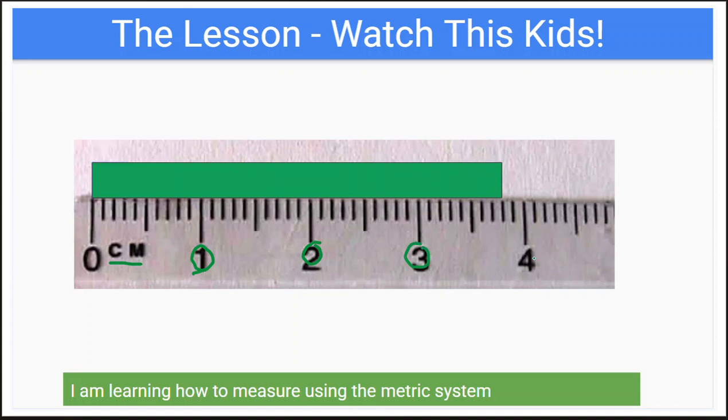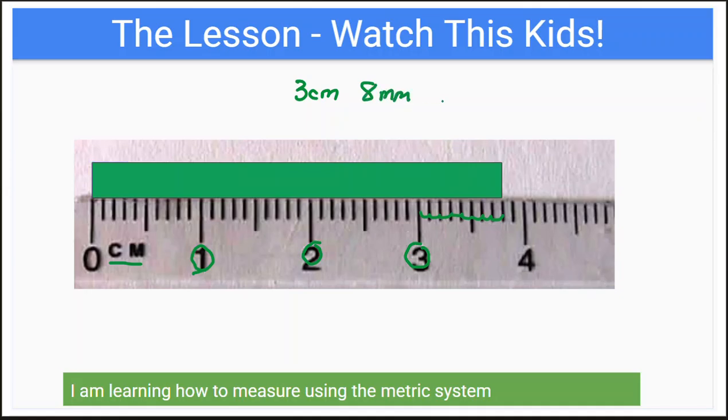Did we make it to 4? No. So we know we've got 3 centimeters, and then how many millimeters? Well, let's start counting. 1, 2, 3, 4, and this longer one right here is 5, so that's 5. 6, 7, 8. So it's 3 centimeters and 8 millimeters.